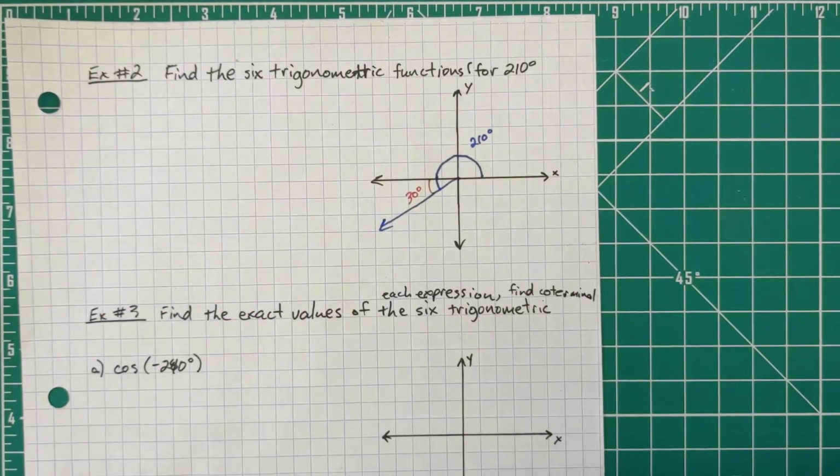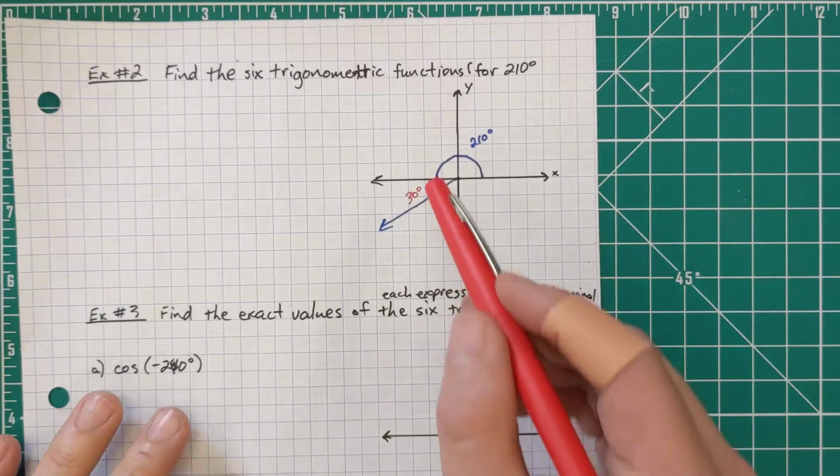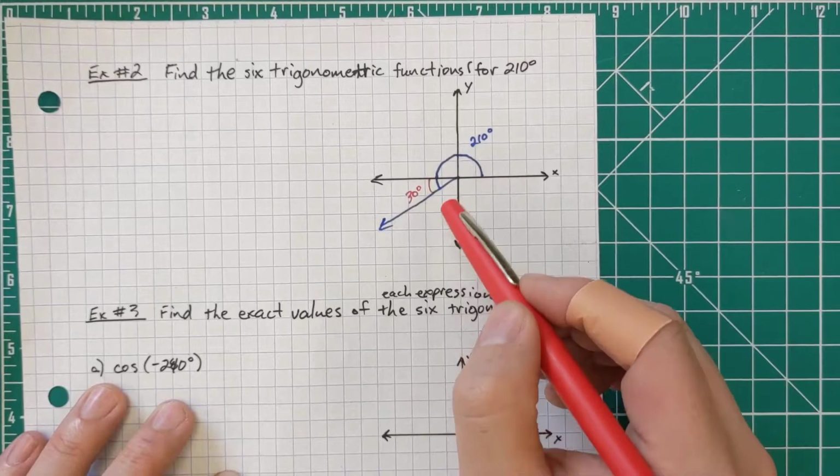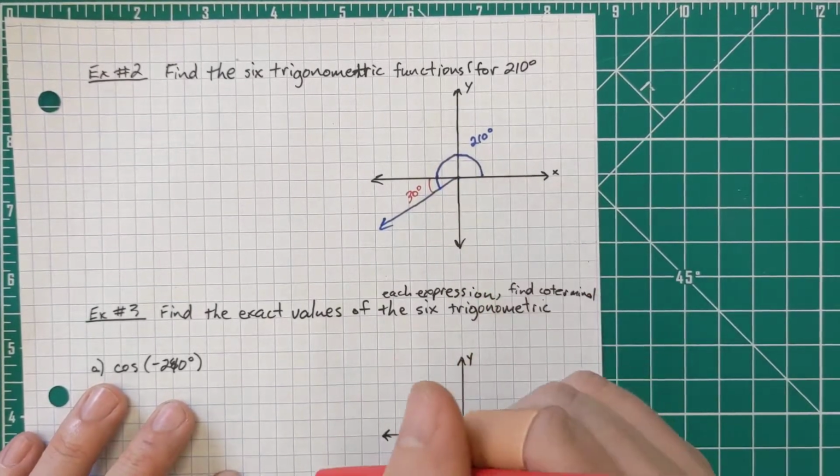So now here's where we're really going to see where that reference angle helps us out. And so we want to find the 6 trigonometric functions for 210 degrees. All right, so first is if I think about what ratios I'm going to have here.